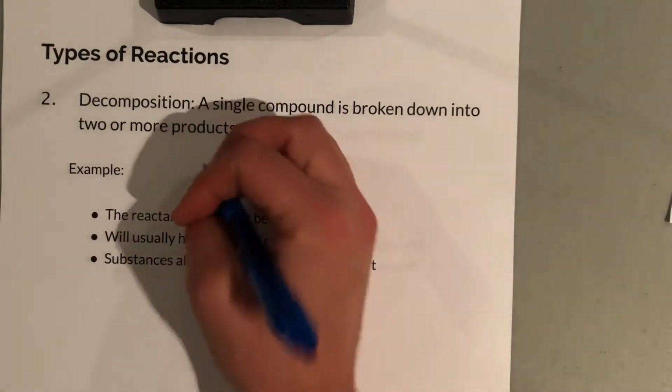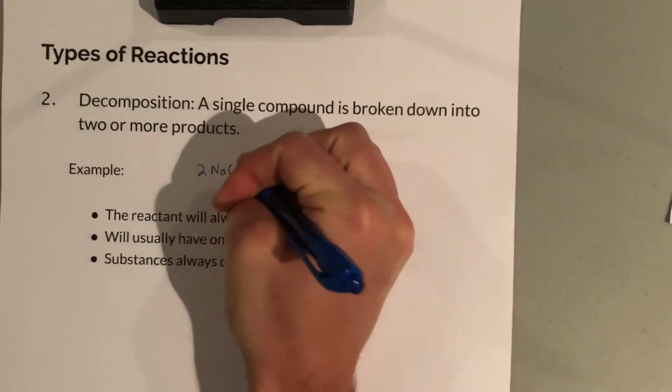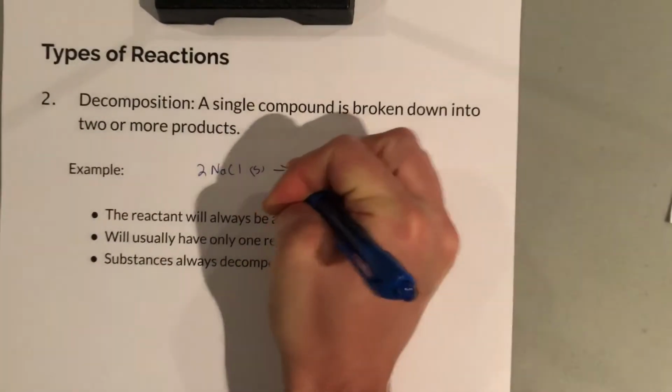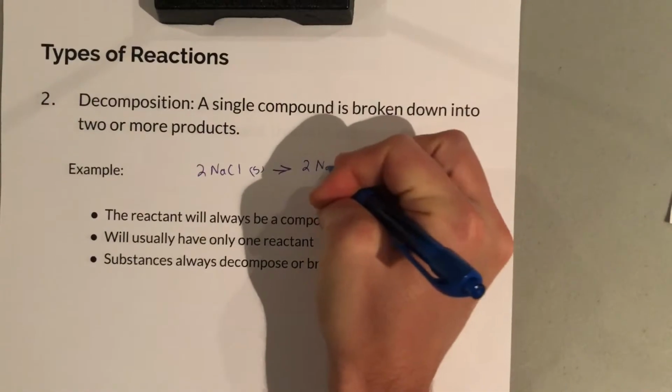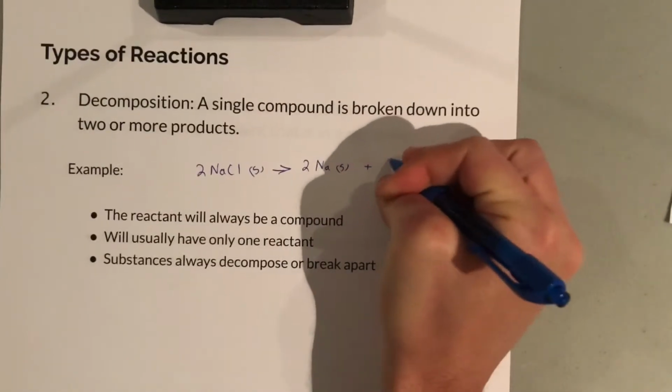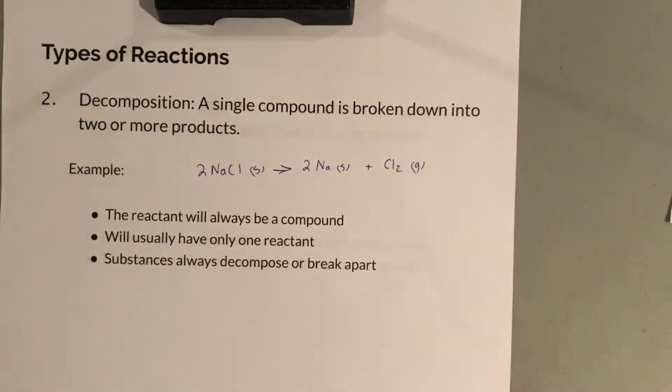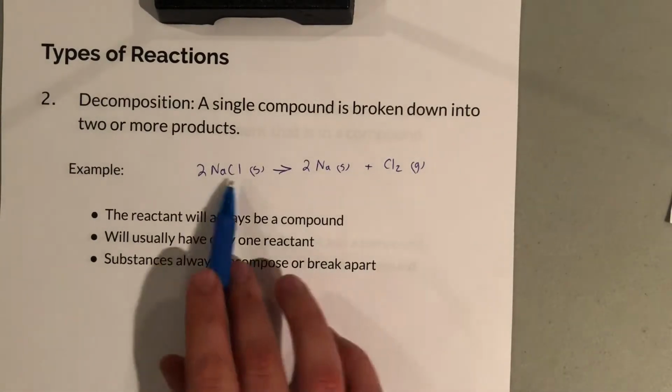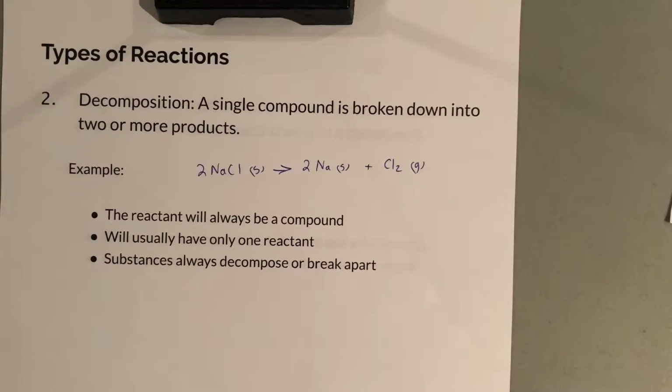For example, if we take the NaCl reaction that we had last time and just reverse it, so instead of having NaCl form, we have NaCl break apart, that would be a decomposition reaction. This is the complete opposite of one of the reactions we looked at on the other slide.